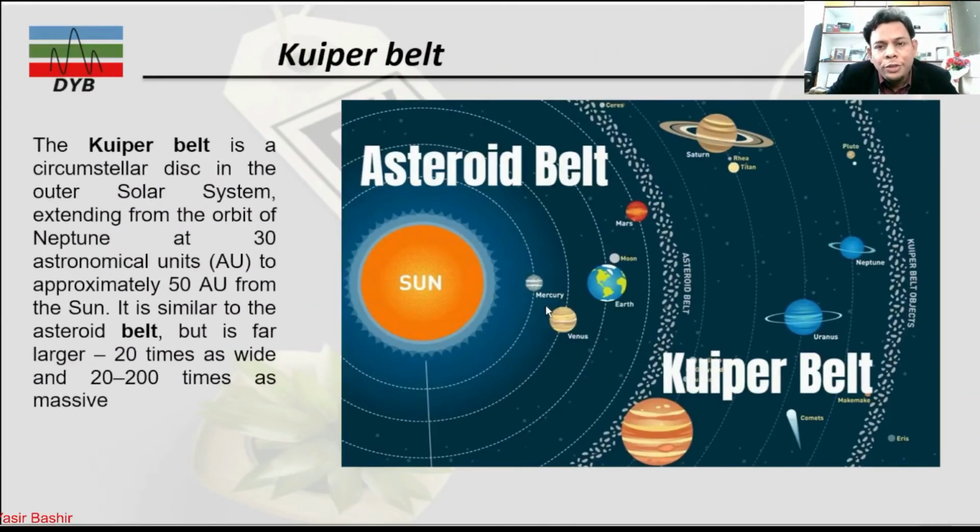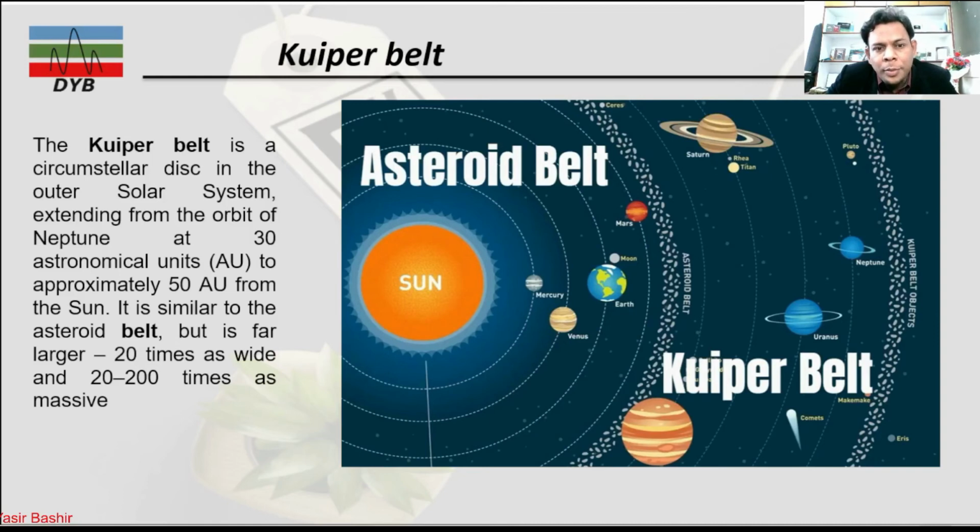Then other than the asteroid belt, we also have the Kuiper Belt. The Kuiper Belt is actually a circumstellar disk in the outer solar system. After all the planets, we have the Kuiper Belt, which extends from the orbit of Neptune at 30 astronomical units, which is quite a big distance, to approximately 50 AU from the Sun.